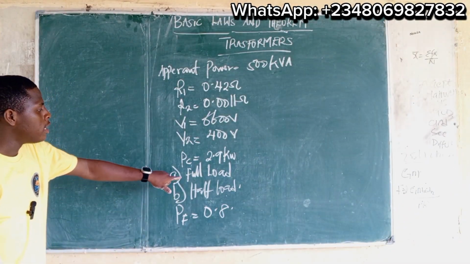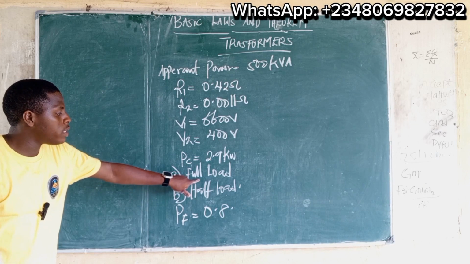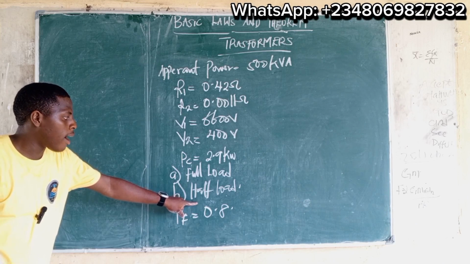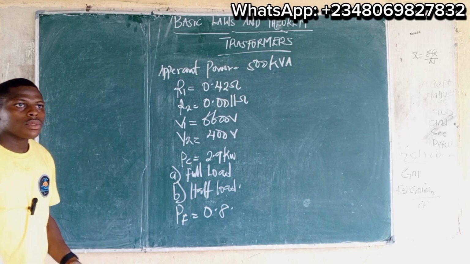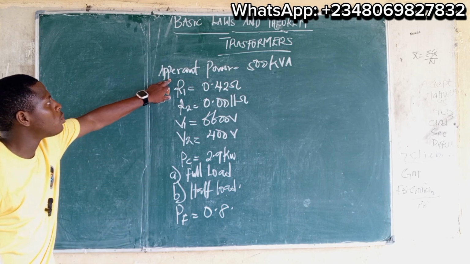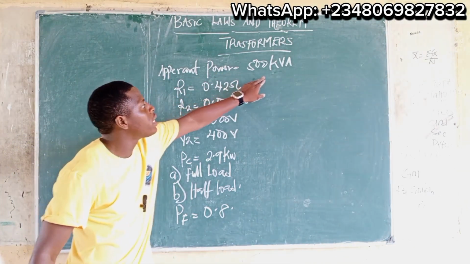So what's the first thing? The first thing is to calculate for full load. After calculating for full load, the next thing is to calculate for half load. Our parameters given: the first thing given was our apparent power, in kilo.